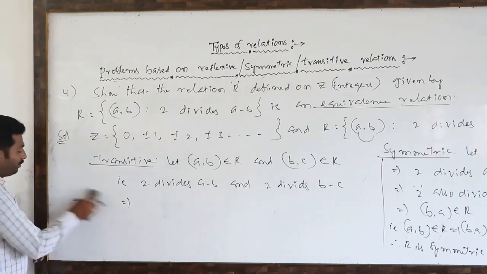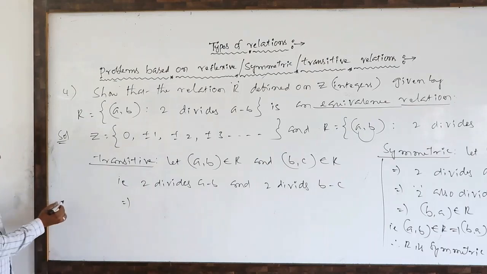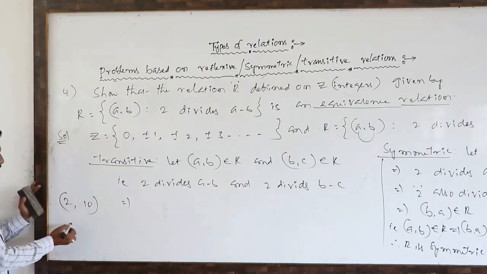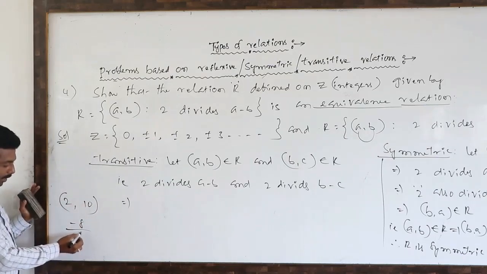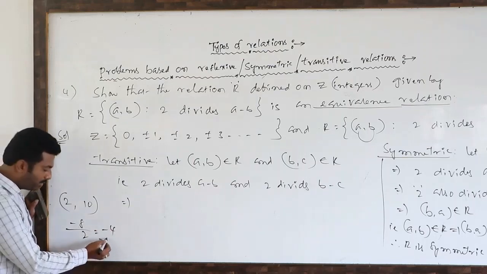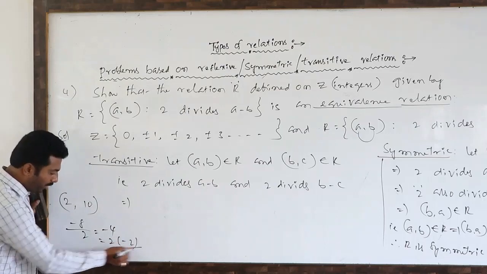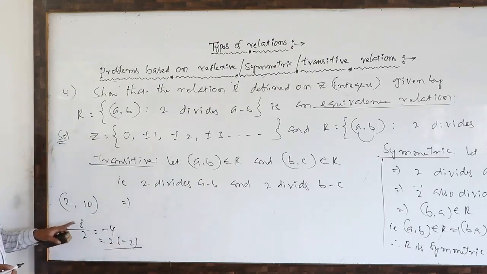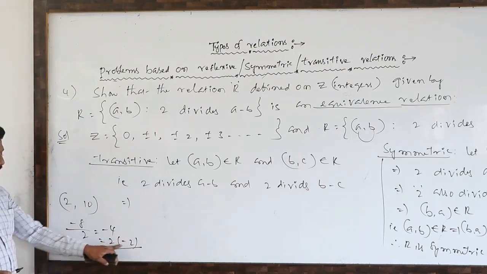Similarly, if I take (2, 10), what is 2 minus 10? Minus 8 divided by 2, how much will we get? Minus 4. How to write? 2 into minus 2. So A minus B is divisible by 2 means there is some k such that 2 into k.